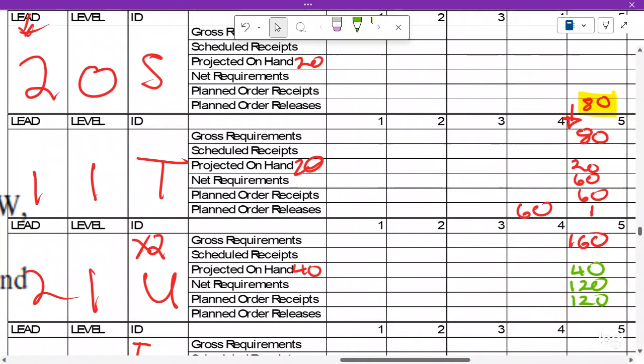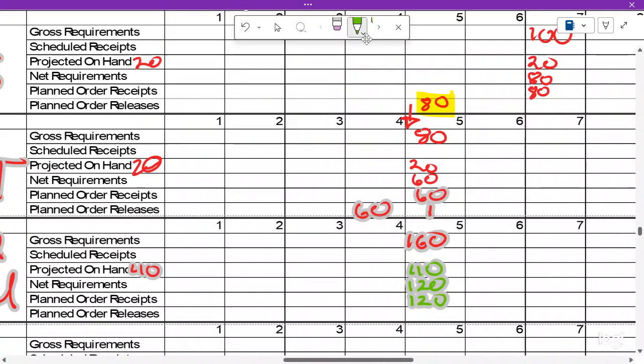What's your lead time? 2 weeks. The 1, 2 is for me to see that I'm really scheduling for 2 weeks. It's not really compulsory to write 1, 2.